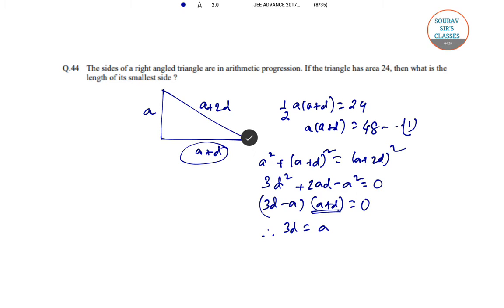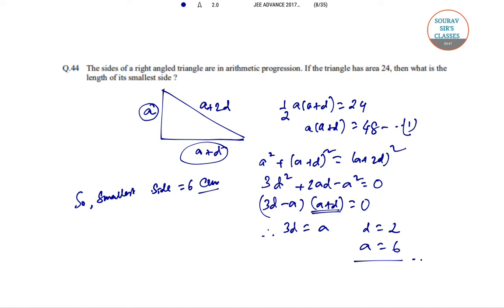So 3d equal to a, so d equal to 2, and a equal to 6. So the smallest side is 6 units. Okay, next one.